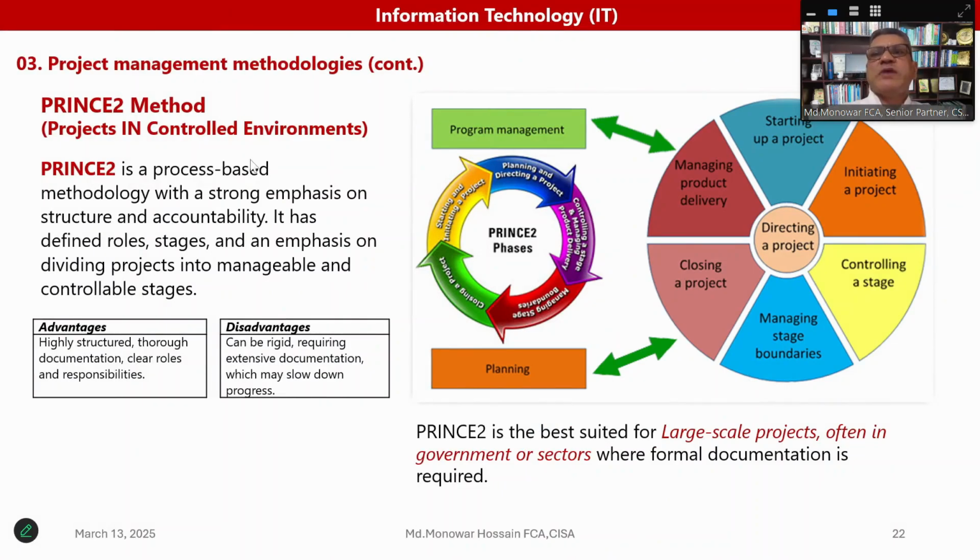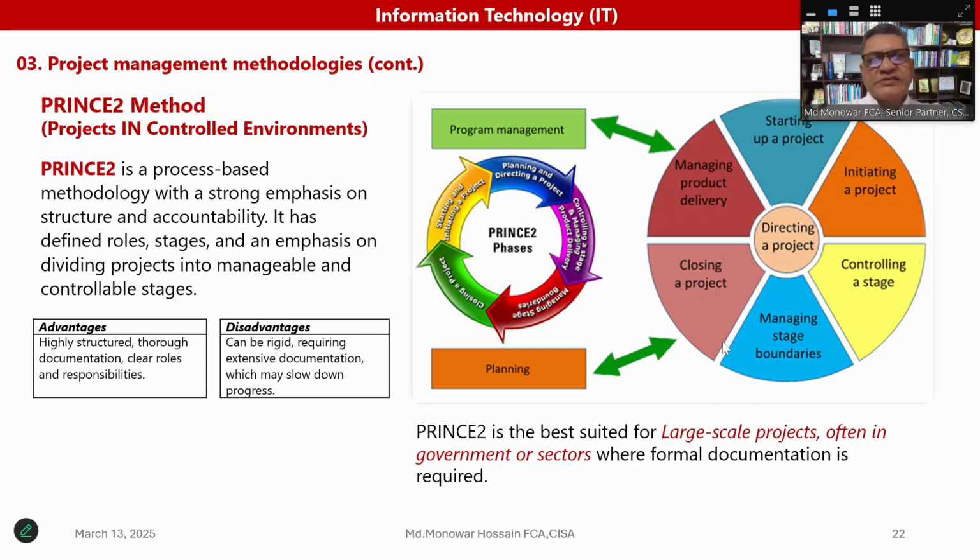Now, the Prince2 method. Prince2 in controlled environments is a process-based methodology with a strong emphasis on structure and accountability. It is the type of method used by the government sector, large projects, the UN, and other bodies. Prince2 has defined roles, stages, and an emphasis on dividing the project into manageable and controllable parts.